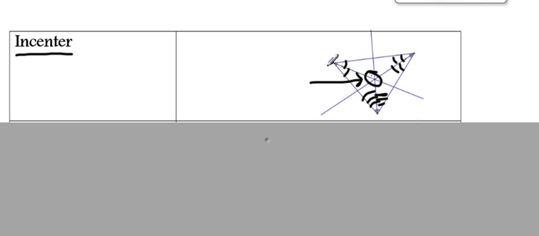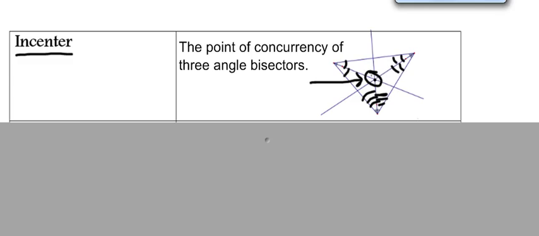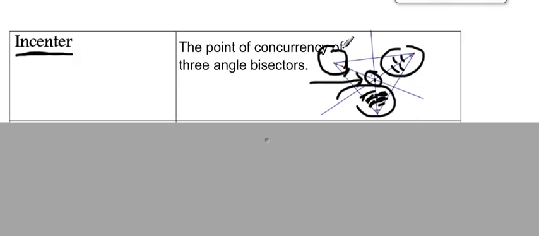It's where my 3 angle bisectors meet inside the triangle. So as soon as you see the word incenter, you're going to mark your angles congruent. So mark this set of angles congruent, this set congruent, and this set congruent.